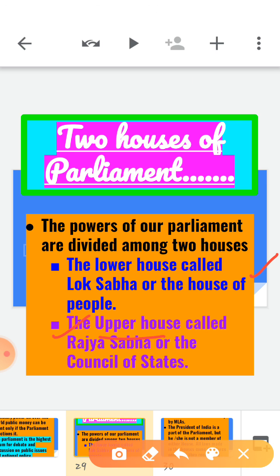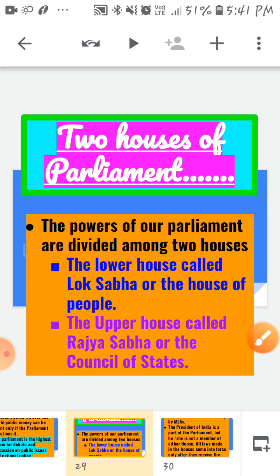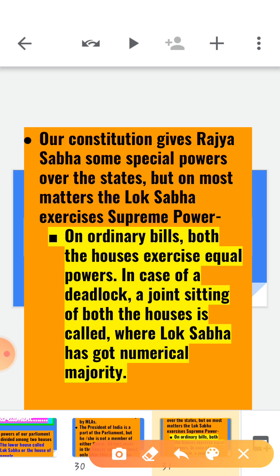But this does not mean that Rajya Sabha is more powerful than Lok Sabha. This is just an odd style of speaking and not the language used in our constitution. So let's understand. Our constitution does give the Rajya Sabha some special powers over the states, but on most matters, the Lok Sabha exercises supreme power. Now let us see how.